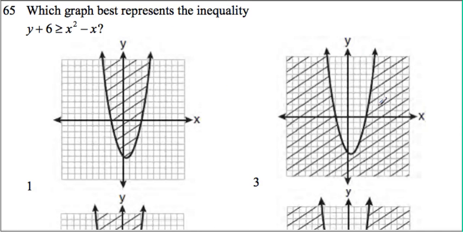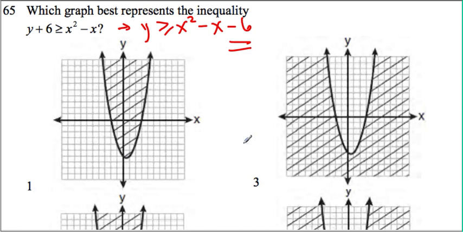Alright, number 65. How'd you graph this one? In fact, if I were to rewrite this one, y will be greater than or equal to x squared minus x minus 6. Then you will realize the y-intercept of this graph would have been at negative 6. That must be the y-intercept. Where do I see negative 6?